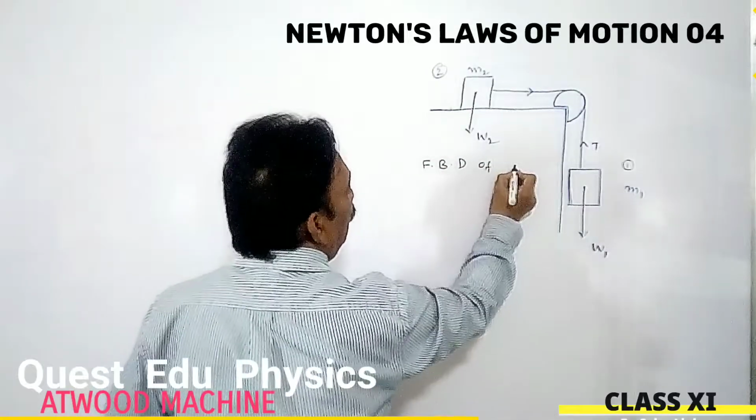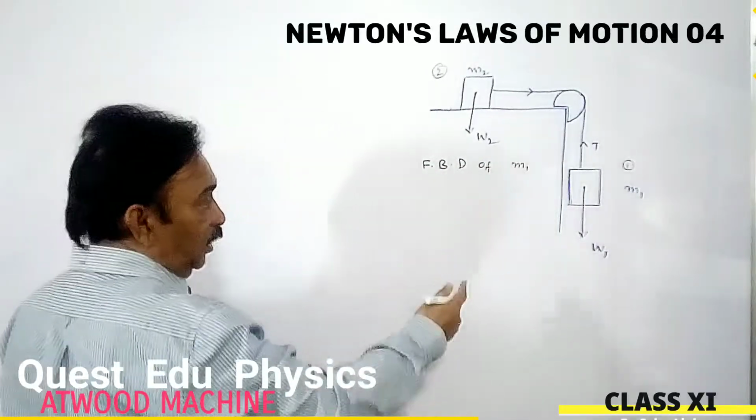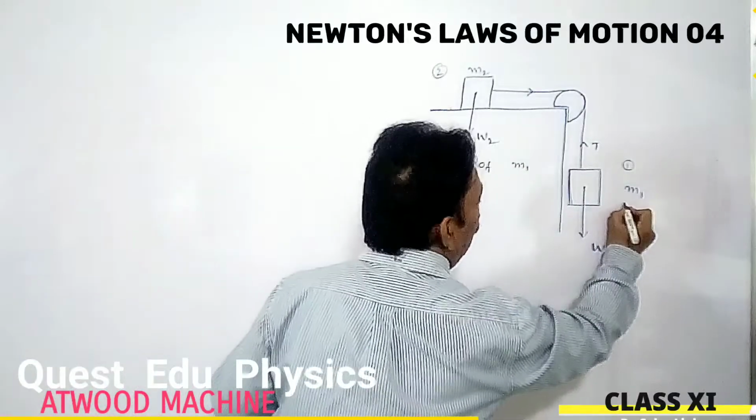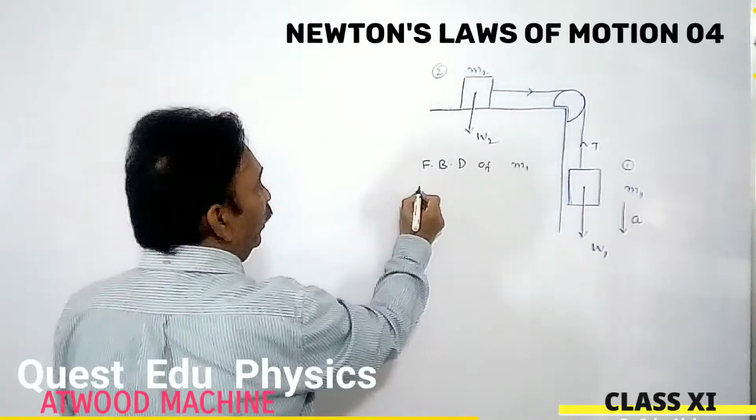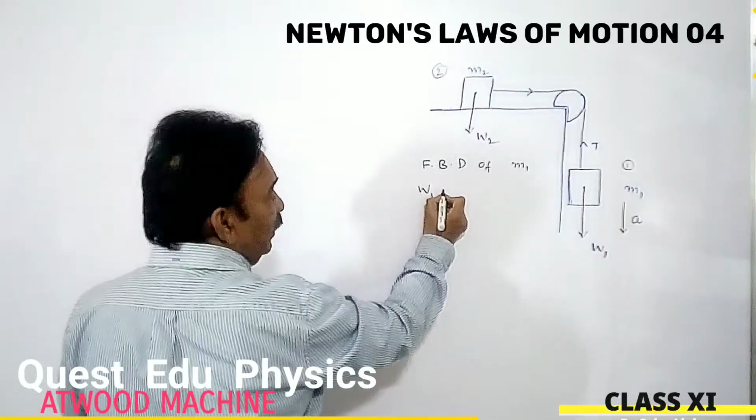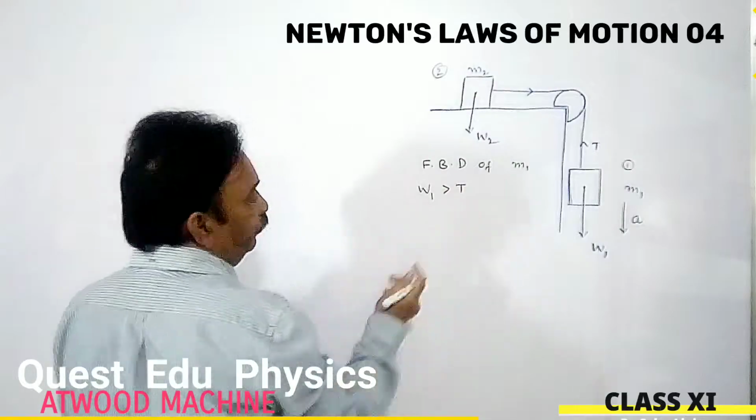of M1. If you watch it carefully, it tends to move downwards if and only if W1 is greater than tension.